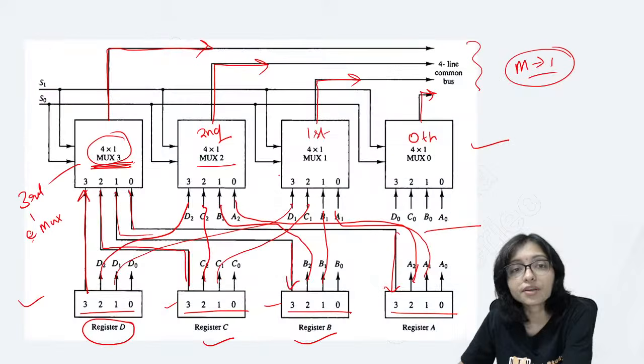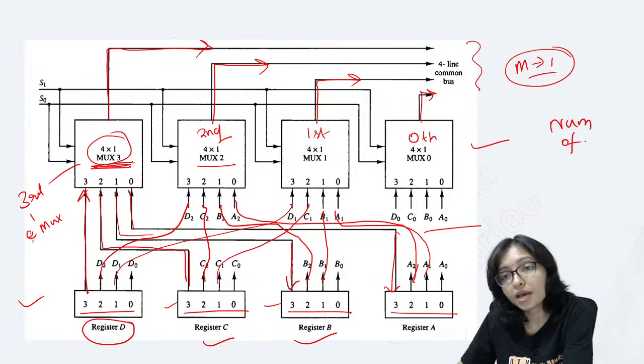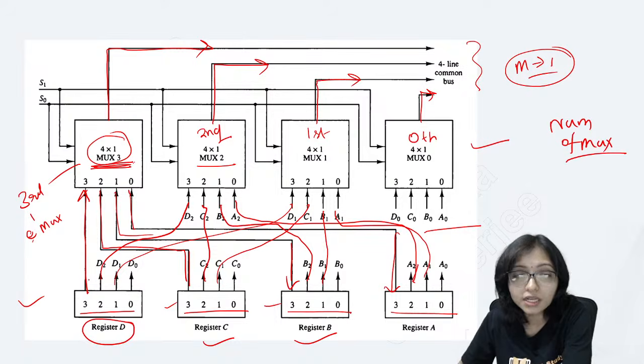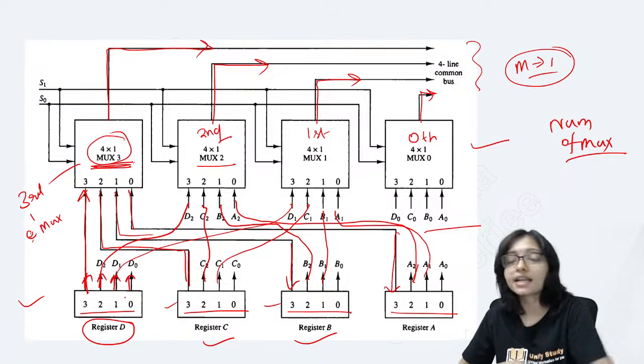So coming here, the number of multiplexers depends on how many lines are there in each and every register.